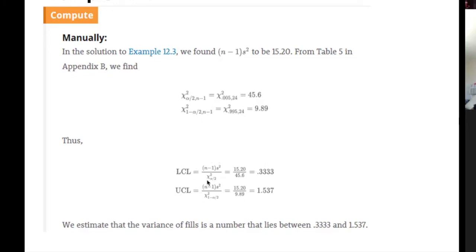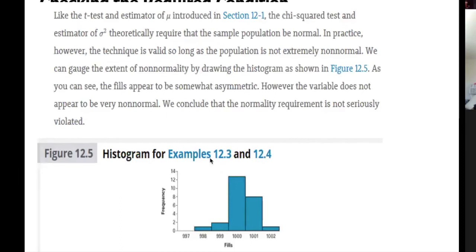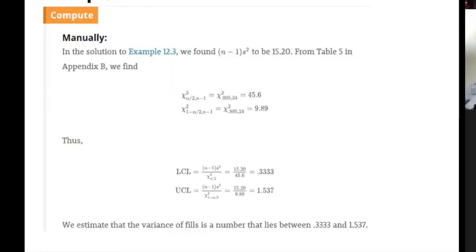So we plug them in. We know that chi-squared has to be 45.6. N minus 1 is, our sample size was, I think, 25. So 25 minus 1 is 24, multiplied with S squared. How much was S squared? Oh, 0.63333. Yeah, 0.633. So what we are looking for are these values here, the lower confidence level and upper confidence level.